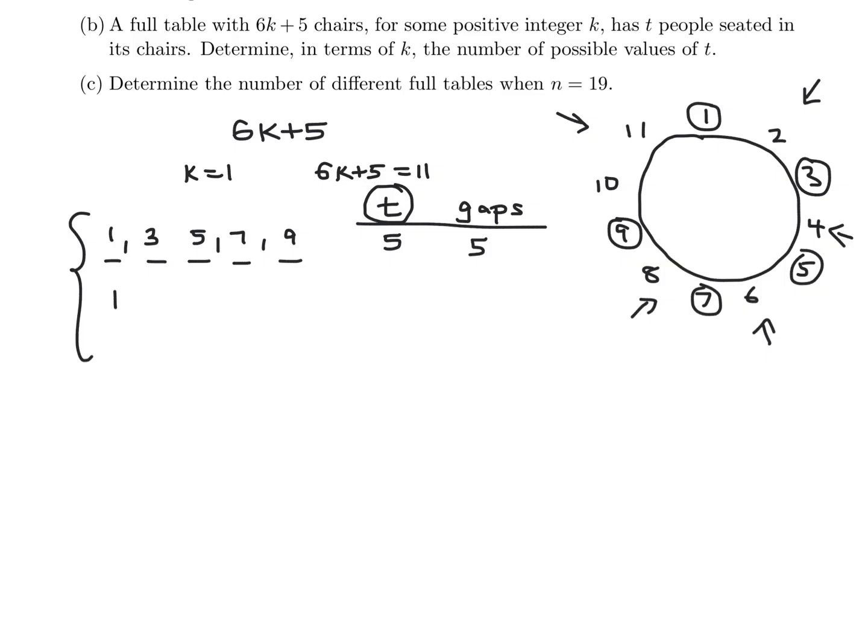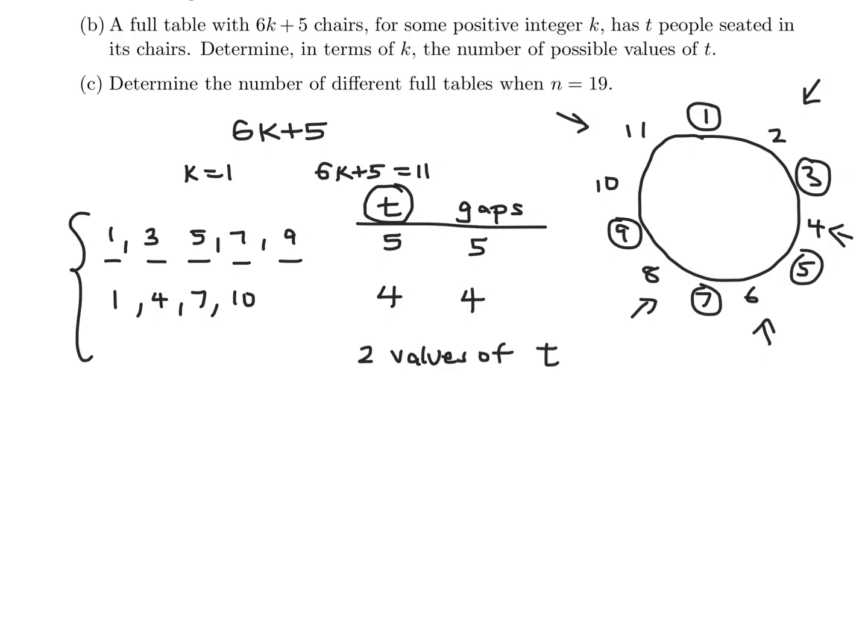What's the minimum value of t? Minimum, if I do jumps of 3s, so 1 to 4, then 4 to 7, and then 7 to 10, that's the maximum I can jump, right? That gives me 4 for t. Yeah, and then the number of gaps would also be 4. Okay, so I only got 2 values of t.